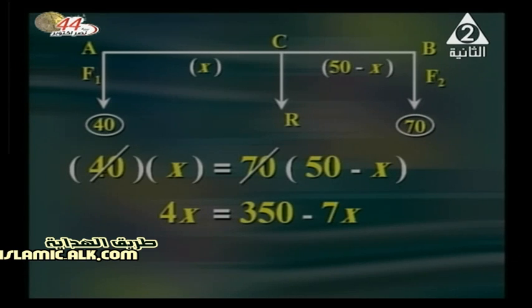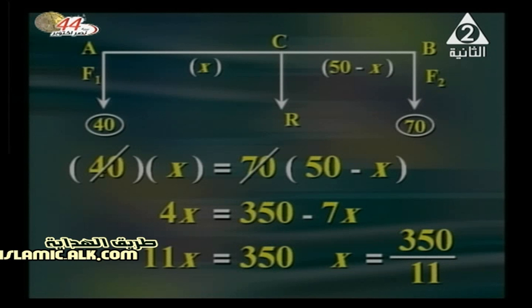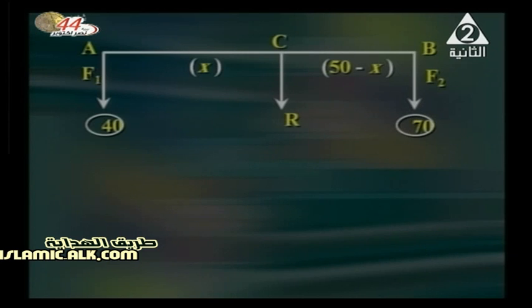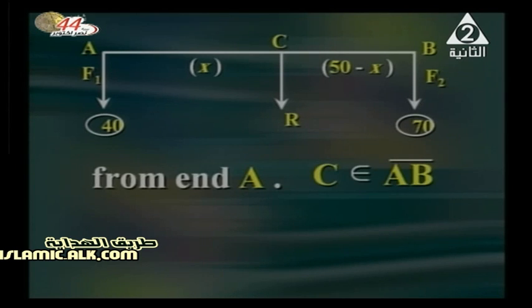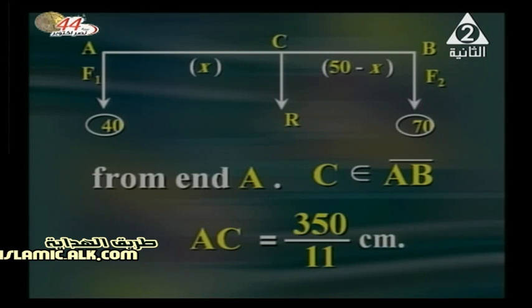Look at, student, we find 11x equals 350. Find the value of x: 350 divided by 11. So x is measured from the point A. C belongs to the AB line segment, then AC equals 350 over 11 centimeter.